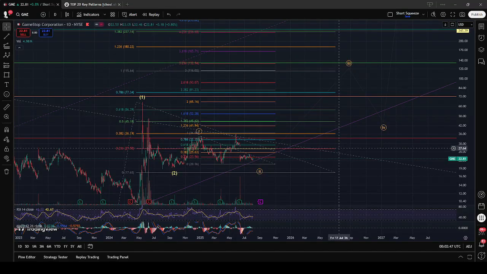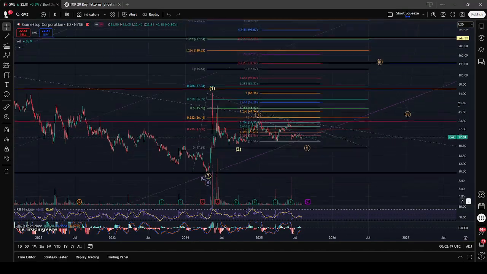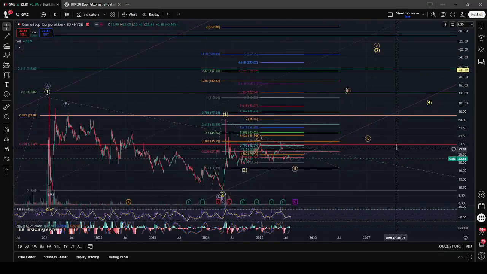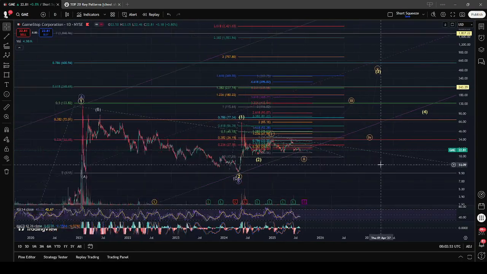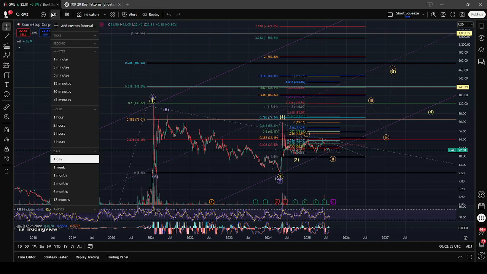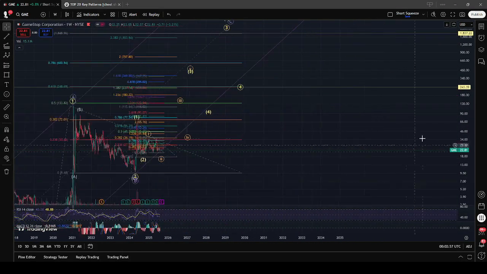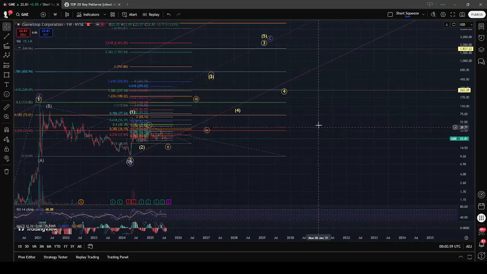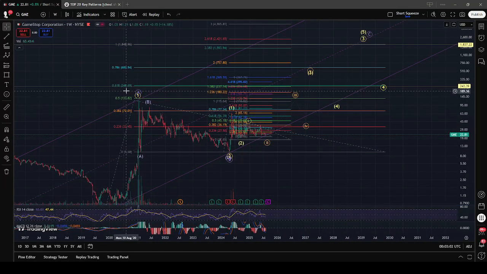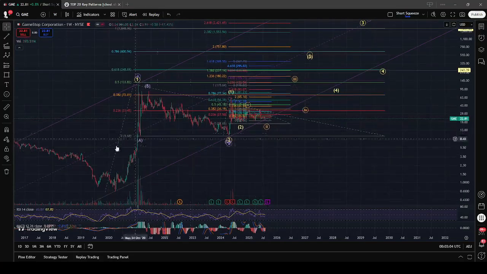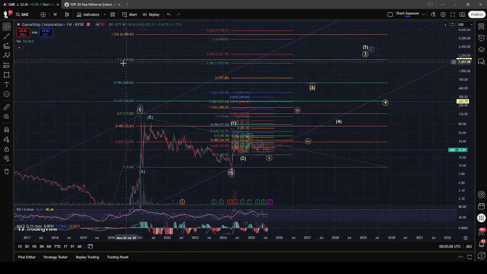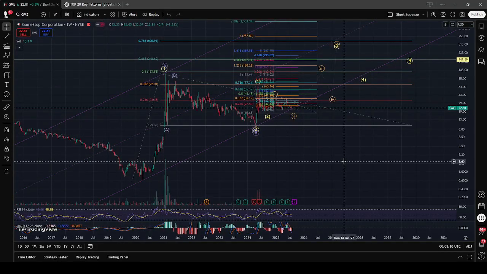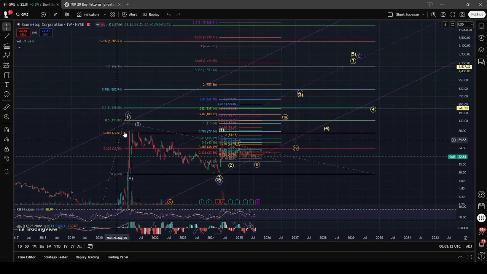Now, before I leave you, let me give you a little bit of my confirmation bias. If we're looking at the weekly chart, A, B, and C. If this is A, B, C, most likely it will go to a 1 retracement, which will be here. If it's a 1, 2, 3, it will also be at least a 1 level.